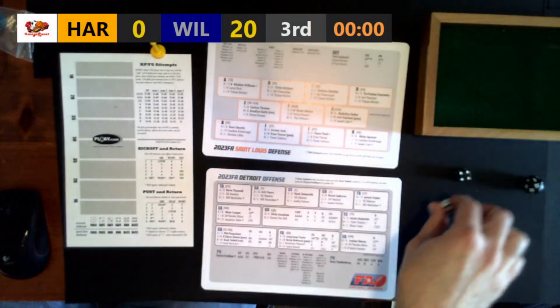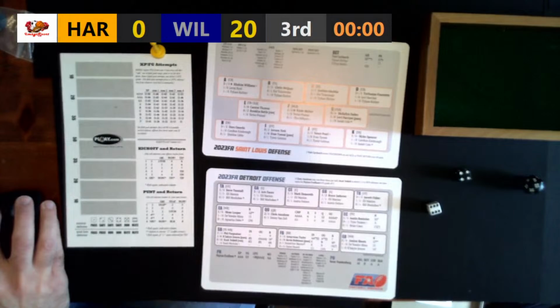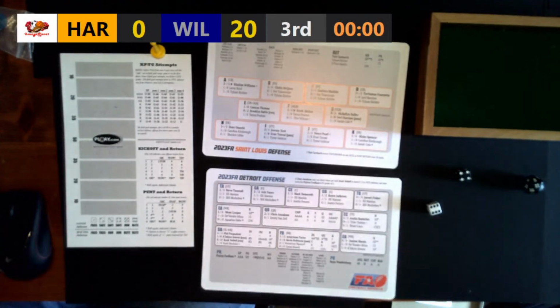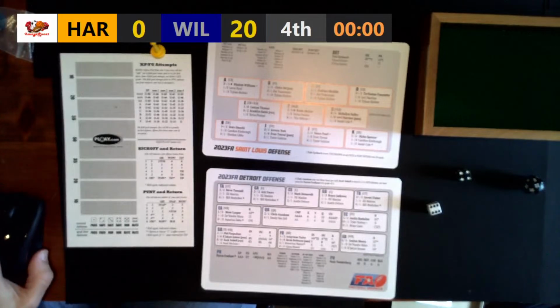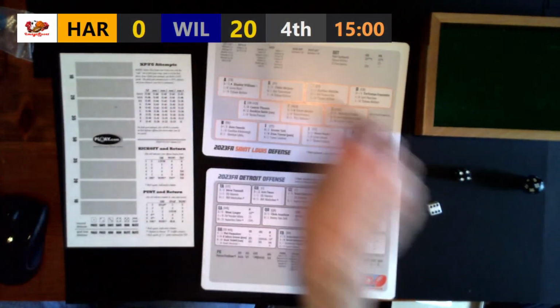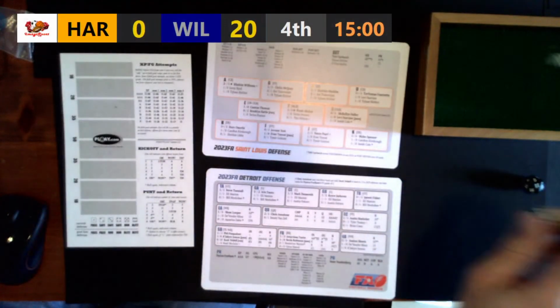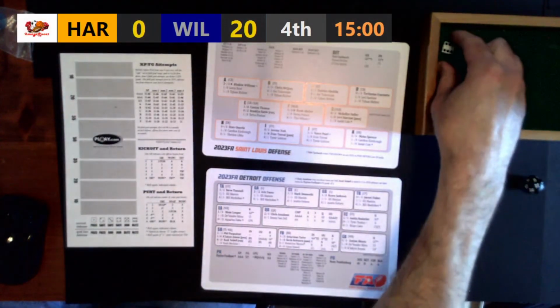All right, so go ahead and set our scoreboard here for the 4th quarter. All right, Harrisburg to get the kickoff as we start the fourth with an O result.